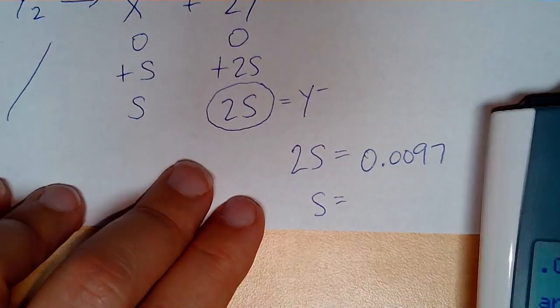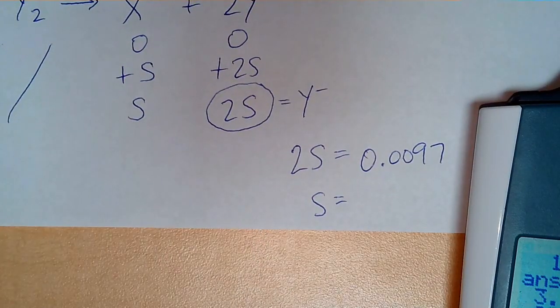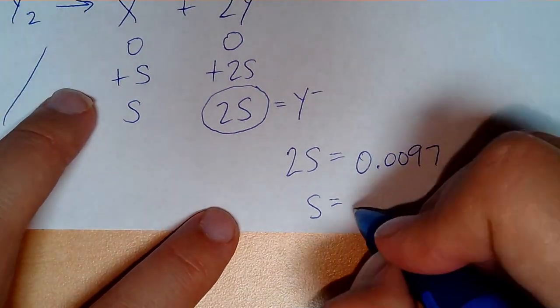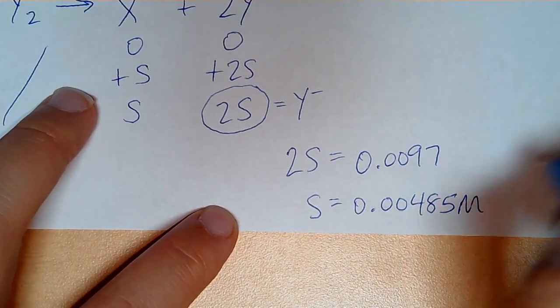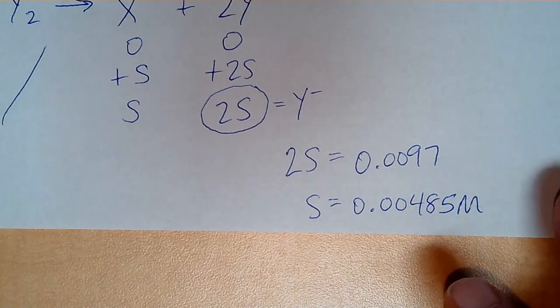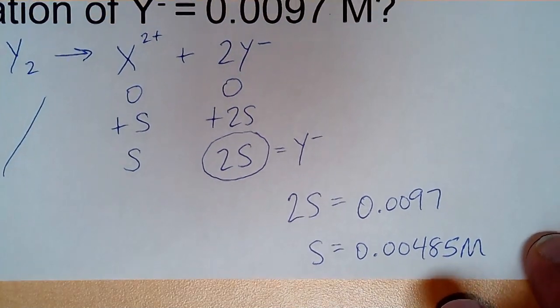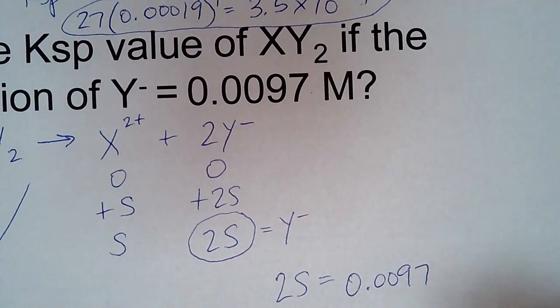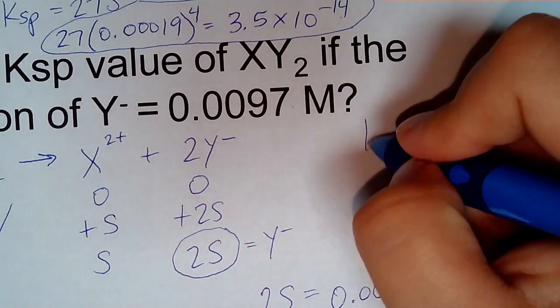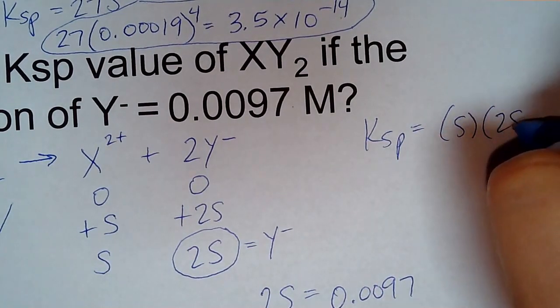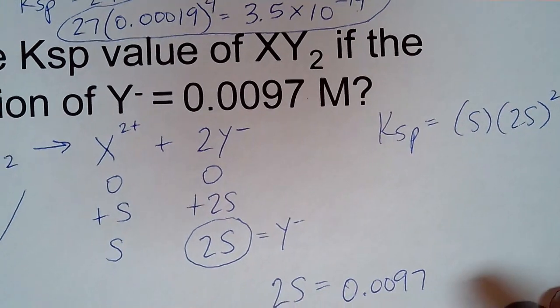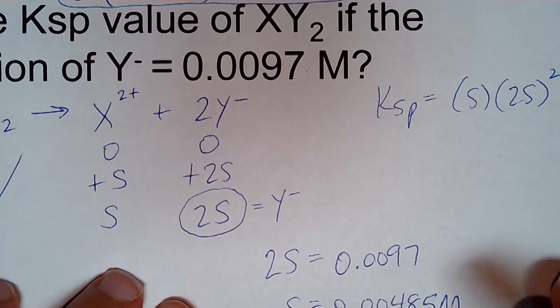So we have 0.00485 for our S value. And then we can plug that into KSP. So our KSP would be S times (2S) squared from our table. When we do our simplification, we get 4S cubed.